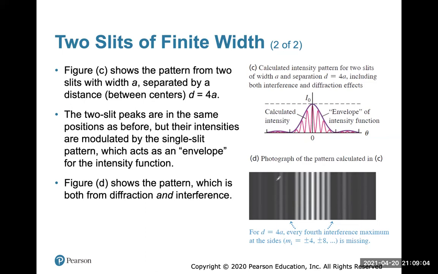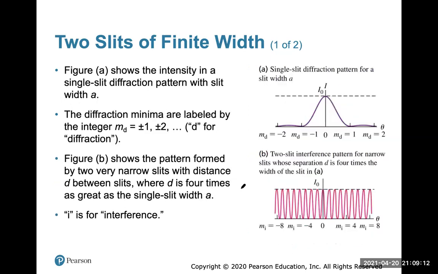Here we can think about the double slit cosine squared theta, this one, as being modulated by the single slit diffraction pattern. The same way the oscillation was modulated by the exponential decay in the AC circuit.